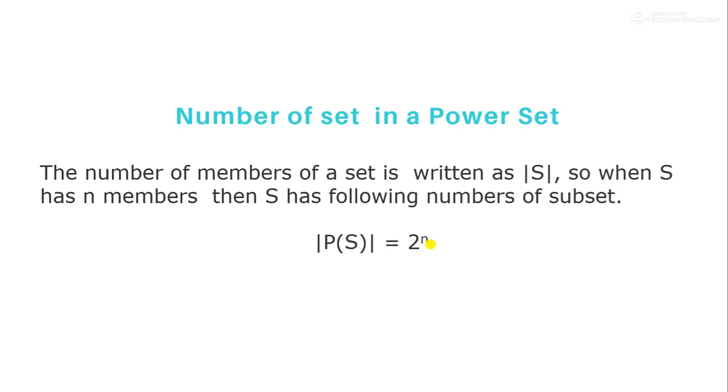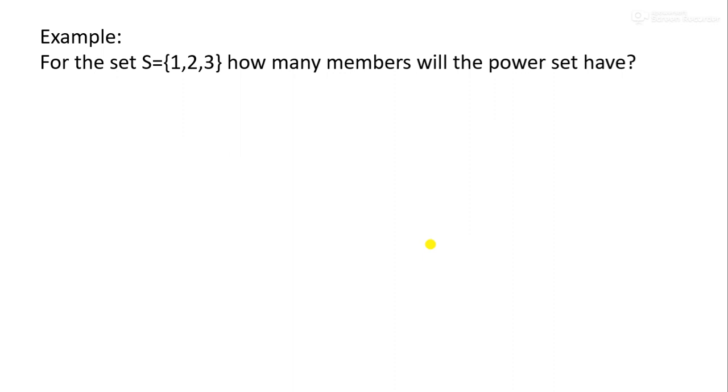I'm going to give you an example of how to find the total number of subsets. For example, we have a set S containing 1, 2 and 3. So we have a total of 3 elements. First we need to find the cardinality of that set.